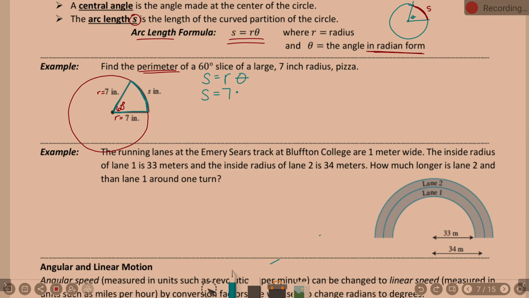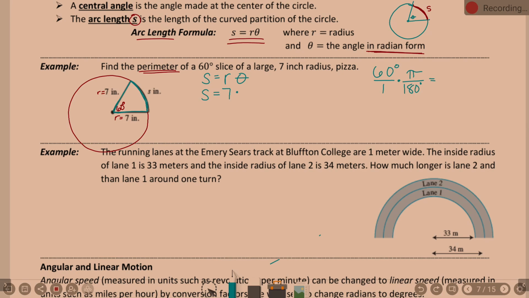Okay. So theta kind of is 60, but it's 60 degrees, and we need it in radian form. So side note, how do you take 60 degrees and change it to radians? We multiply by pi over 180 degrees, what we were just doing on the front side, yes?